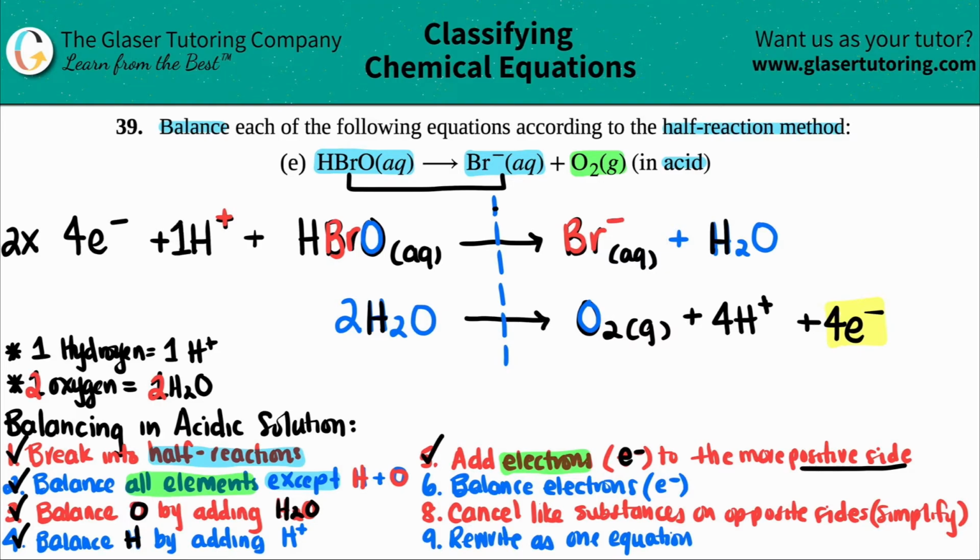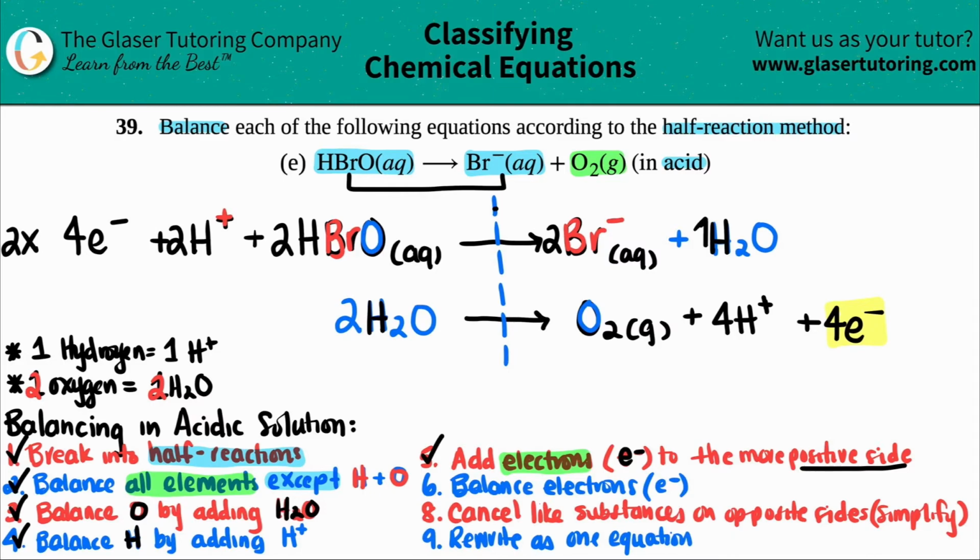I have 1 H plus, but 1 times 2 is 2. So now it becomes 2H plus. I have 1 HBrO. 1 times 2 is 2. Moving on to this side, I have 1 Br minus, but 1 times 2 is 2.